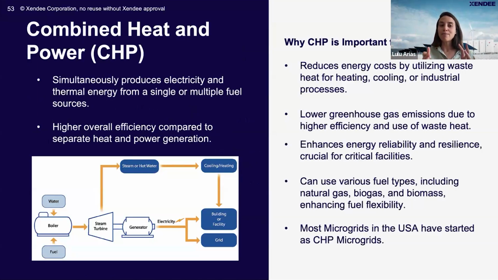It's pretty efficient compared to separate heat and power generators because it simultaneously produces electricity and thermal energy from a single or multiple fuel sources. It reduces energy costs because it utilizes the waste heat from heating, cooling, or other industrial processes. We will see this in more detail once we go into the modeling.